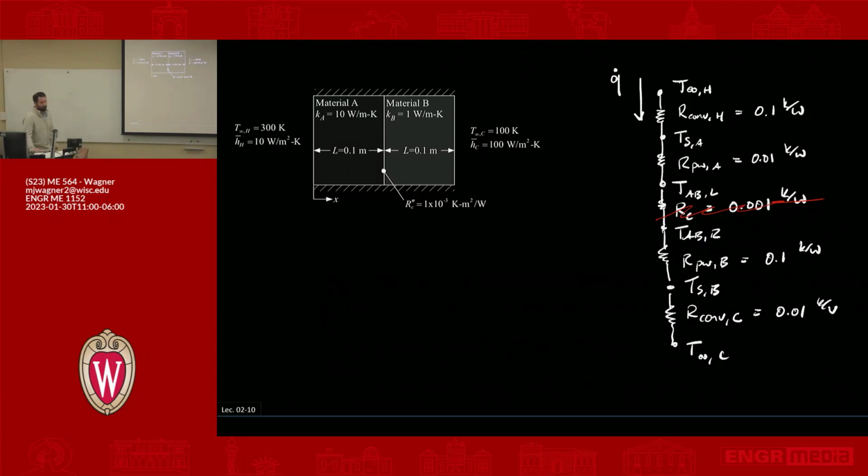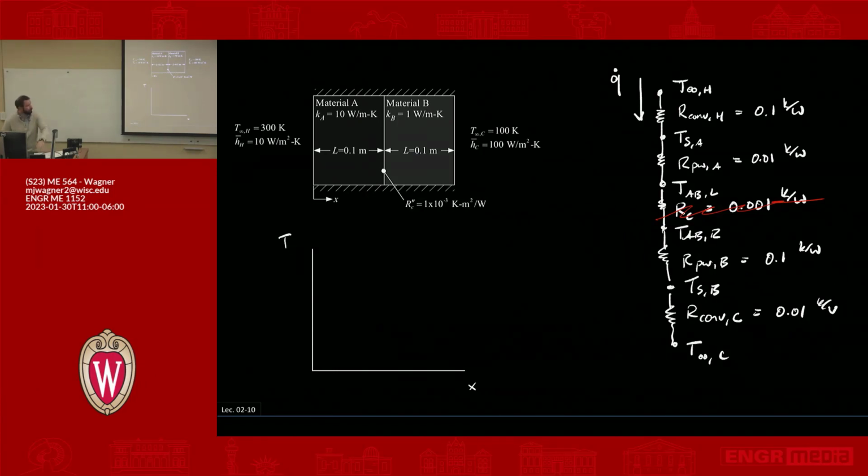Right? So the other thing that you can do here is sketch out the temperature profile. So we have temperature as a function of position x.